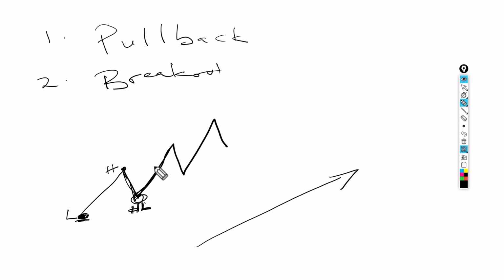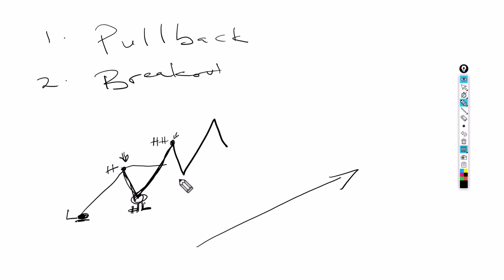And then when price breaks above this resistance area to form a brand new high, this high is now going to become our higher high. Why? Because when you compare it to this previous high here, you see that this particular high is actually higher than the previous high. That's why it's called a higher high.